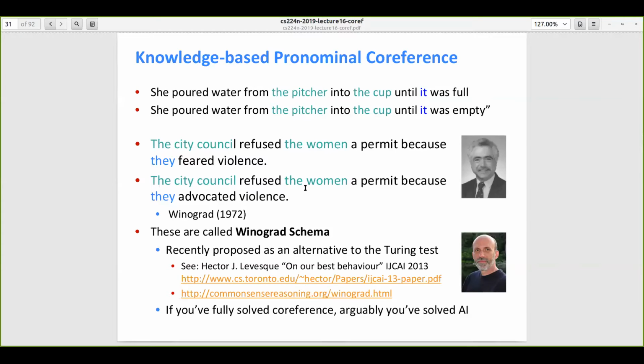We have two sentences which are very similar, both in the distribution of words and syntactically. Yet one word makes a difference, and the coreference also changes accordingly. This is actually called the Winograd schema.